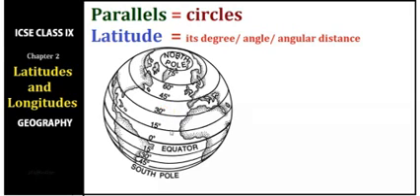These are the useful information we need to locate a place, and in my next video I'm telling you how to calculate the local time and standard time, and how we have different times, especially local times at different places. So have a good day.